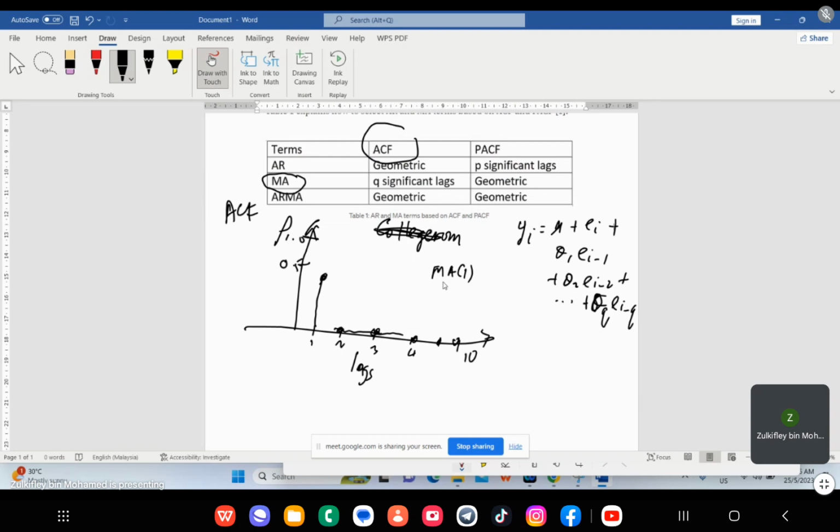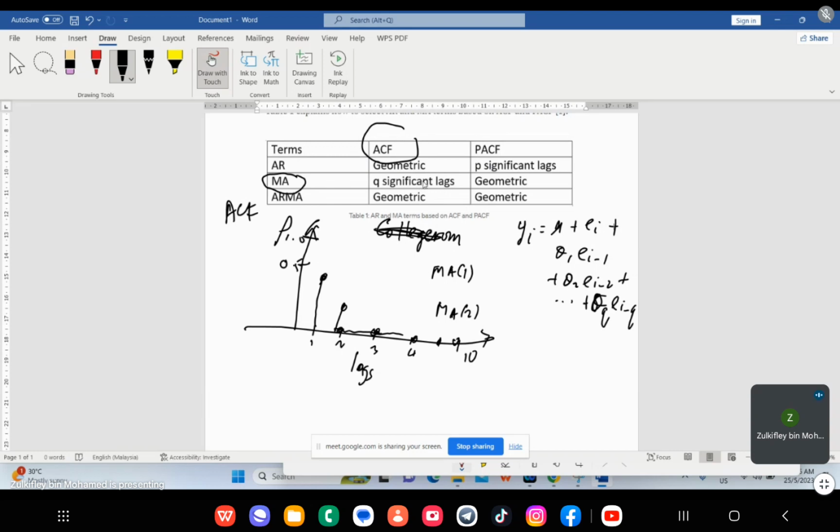Okay. Kalau you plot lagi, tiba-tiba you jumpa dua palang, so modelnya MA2. So disebut MA, kita akan jumpa Q significant lags. Kalau kita nak menentukan model tu MA, makanya kita mesti ada Q significant lags.